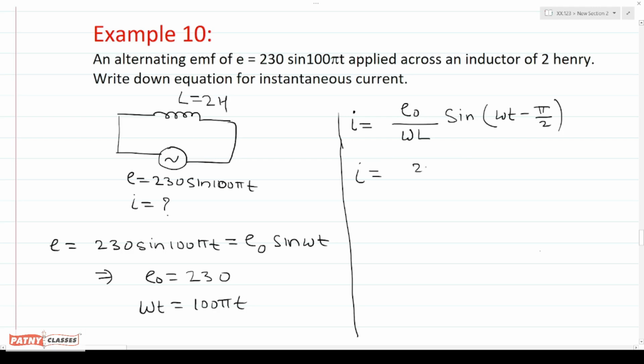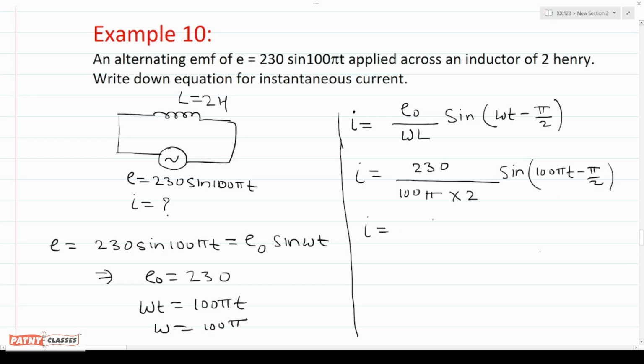I equals 230 upon omega value 100 pi into L, that is 2, sin of omega t, that is 100 pi t minus pi by 2.